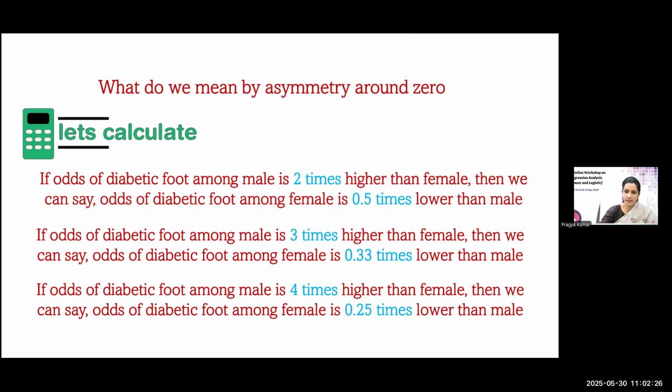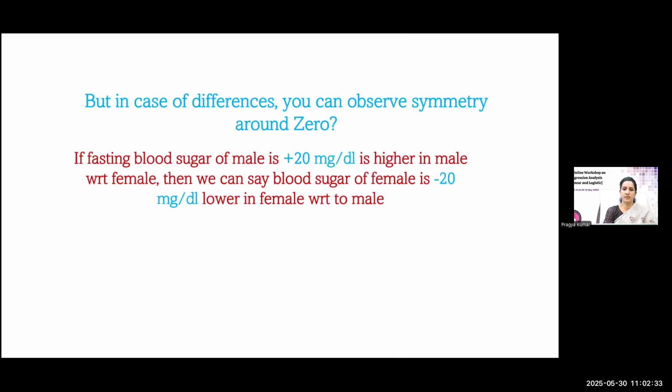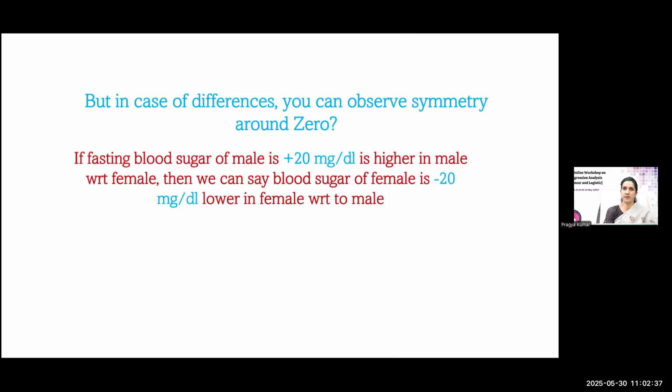Okay, so if yes, but again, you will see that this is not symmetrical, because what is symmetry? Symmetry is like if I say that the fasting blood sugar of male is plus 20 milligram higher than female, then we can say that the blood sugar of female is 20 milligram percent lower with respect to male.